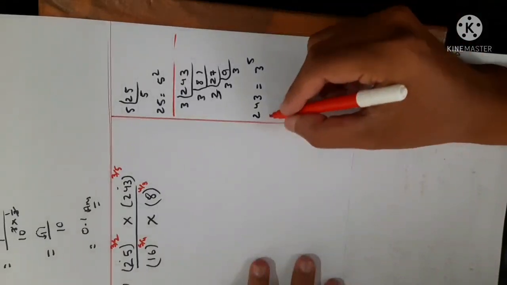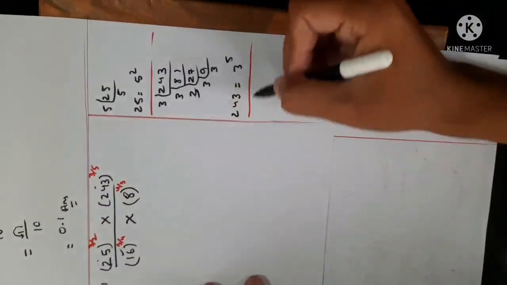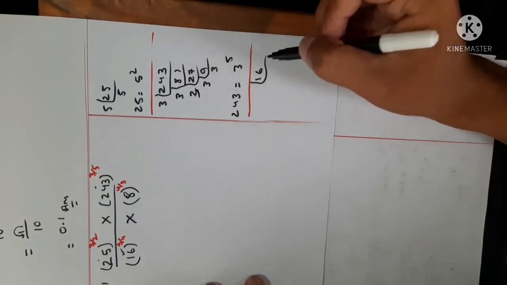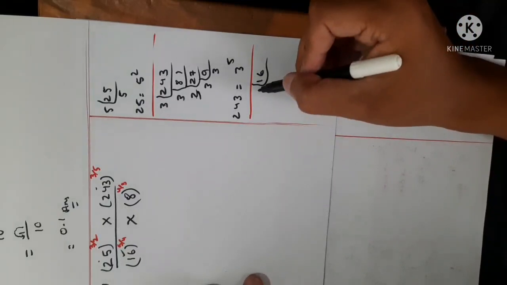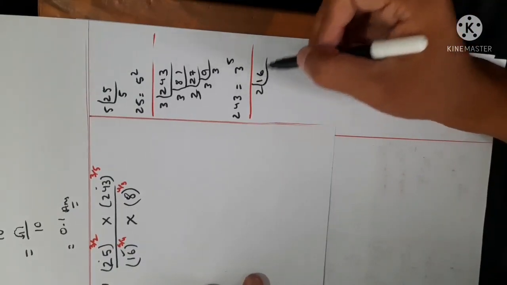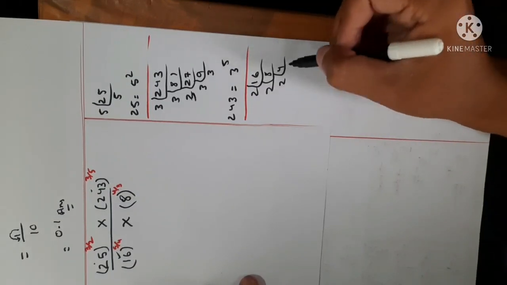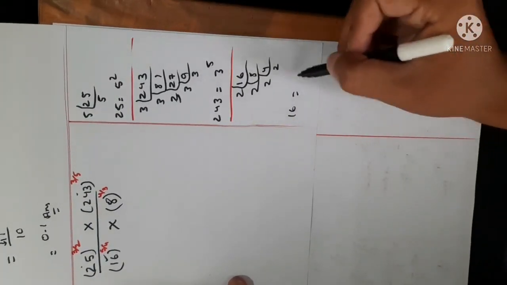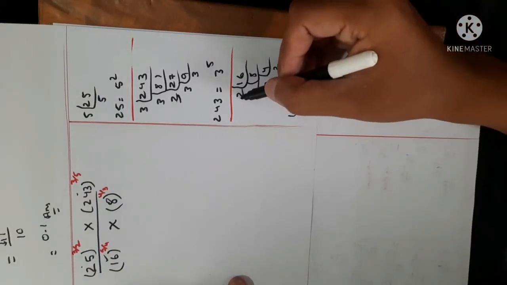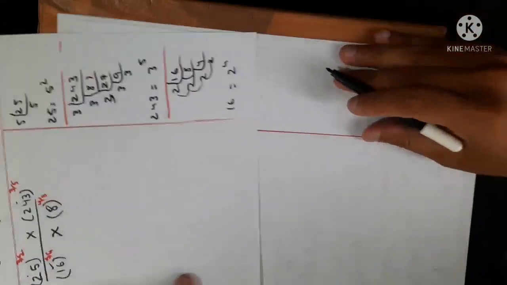Next we factorize 16. We won't go by 4, we will go by 2. 2 8s are 16, 2 4s are 8, 2 2s are 4. So 16 will be equal to 2 to the power 4.